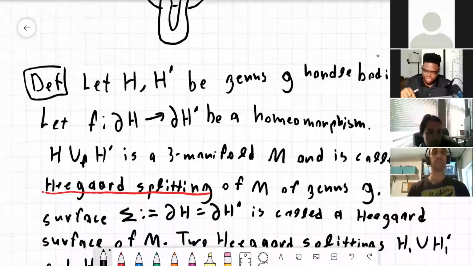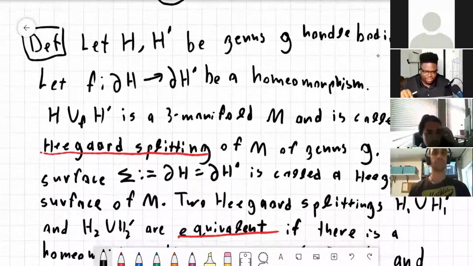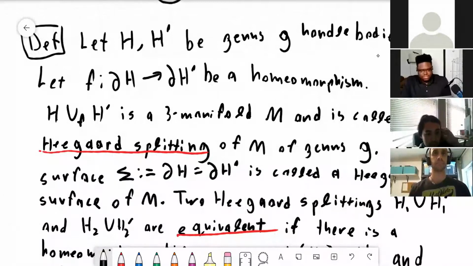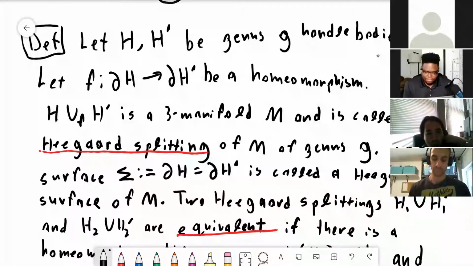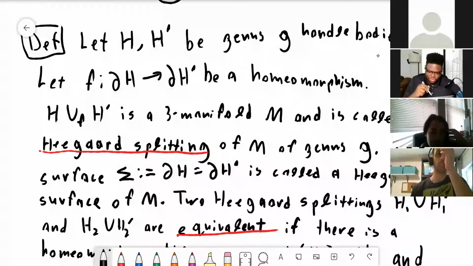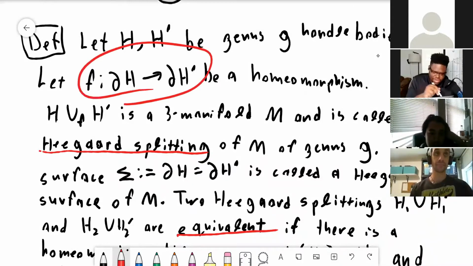So now we get to the main definition for today, which is, suppose we have two genus g handle bodies, H and H prime. They have homeomorphic boundaries. So we pick some homeomorphism F, which is right here, between the boundaries.